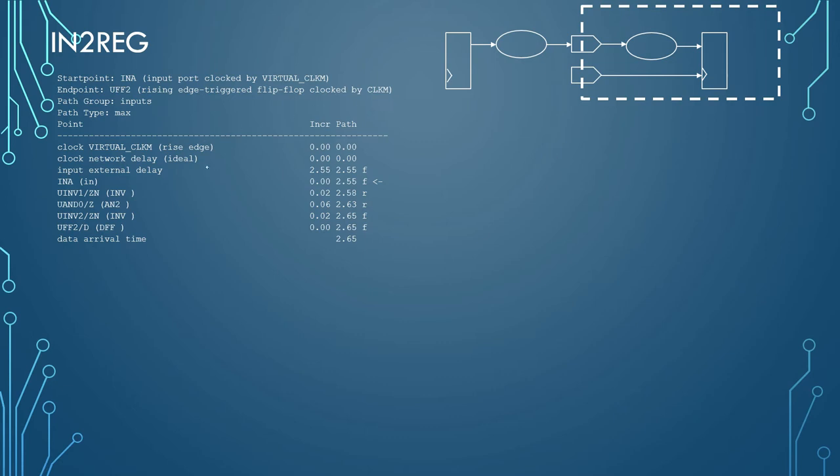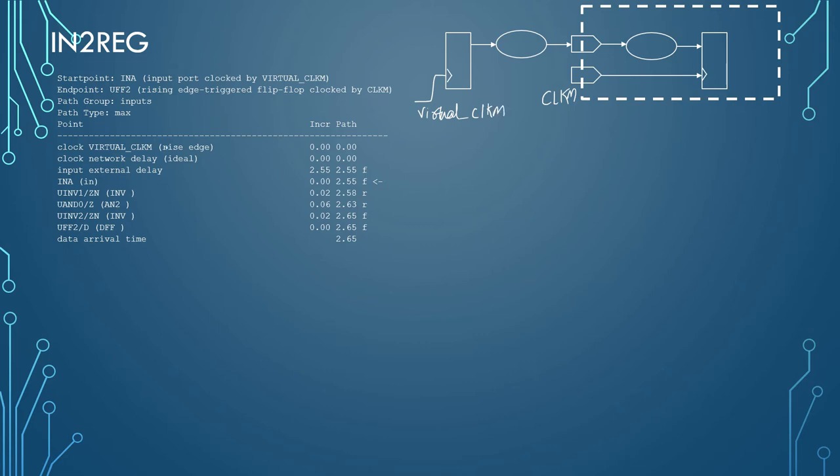We can see that it starts with the virtual clock M. Let's say the port name is CLKM and it is a virtual clock. A virtual clock is created, which is not associated with this port, and that would be associated with this clock. So this will be our virtual_CLKM.